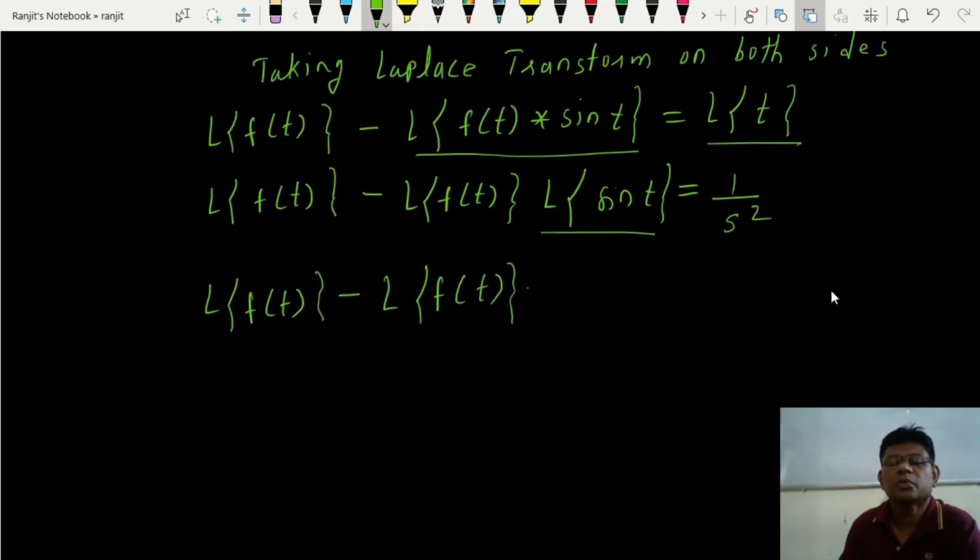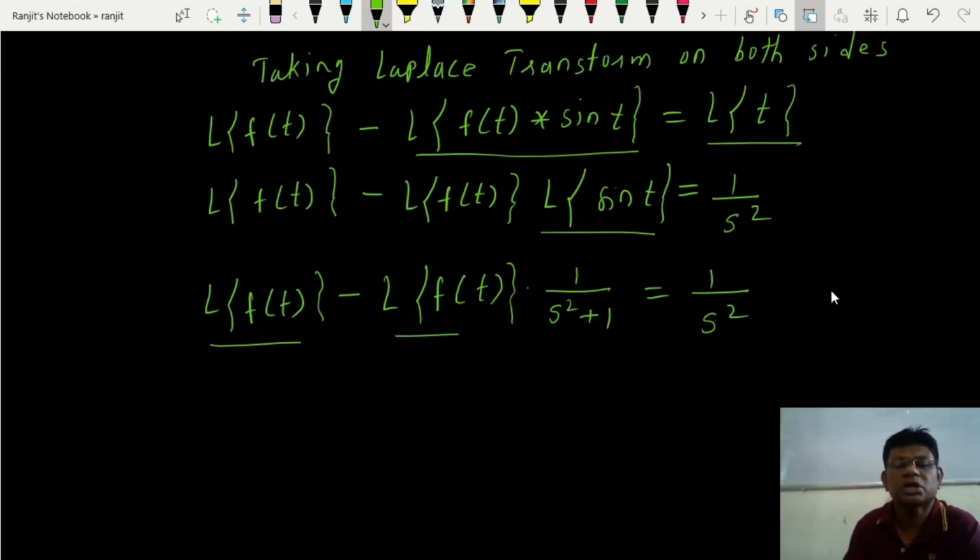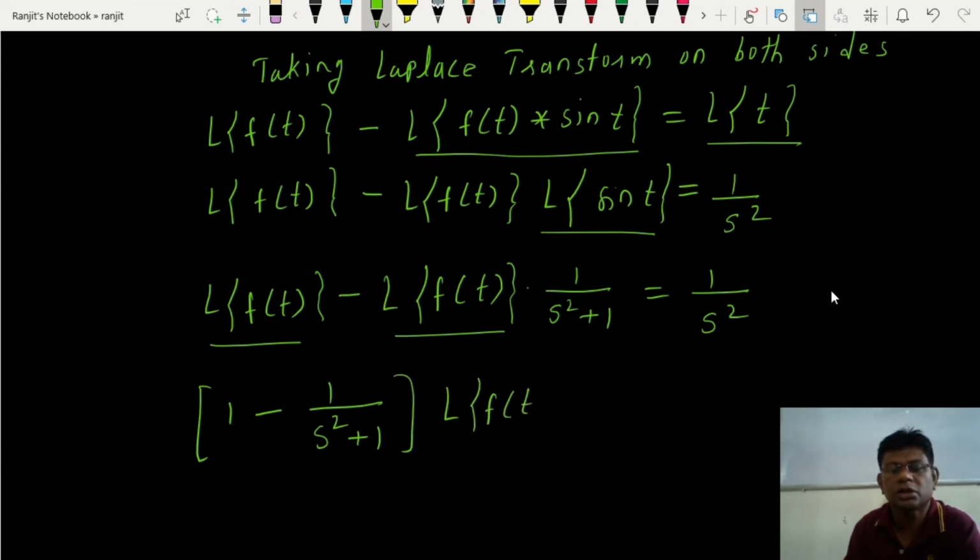Now Laplace transform of sin t, answer is 1 upon s square plus 1. This is equal to 1 upon s square. Now here Laplace transform of f of t be the common term. Therefore 1 minus 1 upon s square plus 1 times Laplace transform of f of t is equal to 1 upon s square.